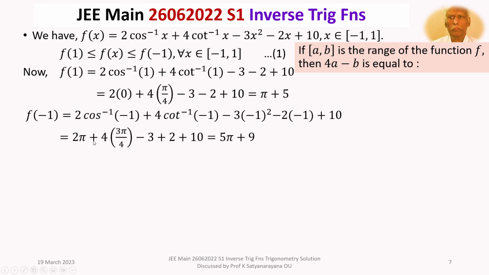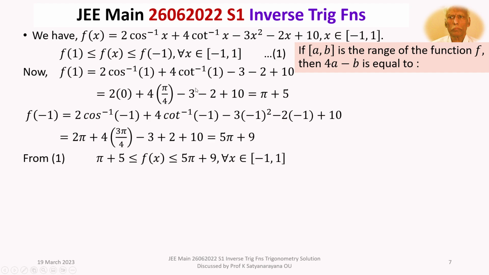So, 2 pi plus 4 times 3 pi by 4 minus 3 plus 2 plus 10. So, it is 2 pi plus 3 pi, that is 5 pi plus 9. So, f of 1 value is pi plus 5. F of minus 1 is 5 pi plus 9.